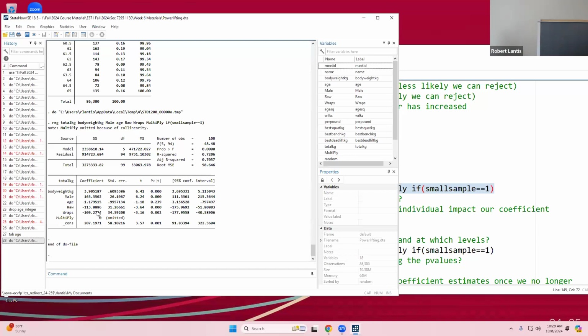We can think about this as when all the other variables are equal to 0. The only other variables were male, age, and body weight. When all those are equal to 0, what would the starting point be for a multiply meat? Well, 0 times this, plus 0 times this, plus 0 times this.